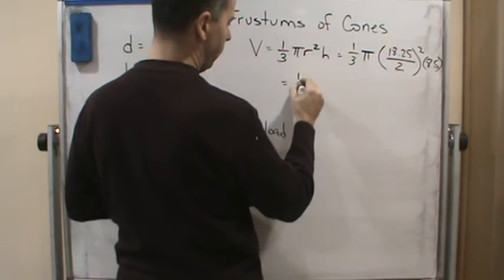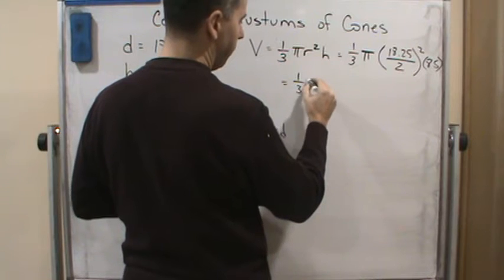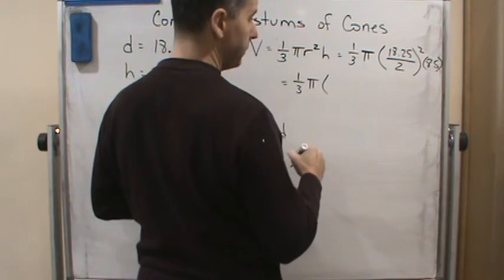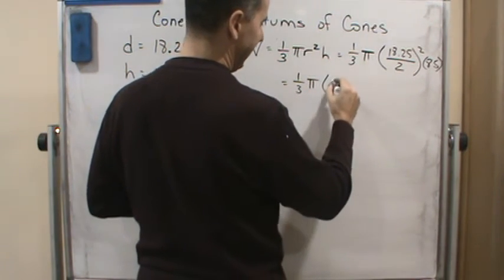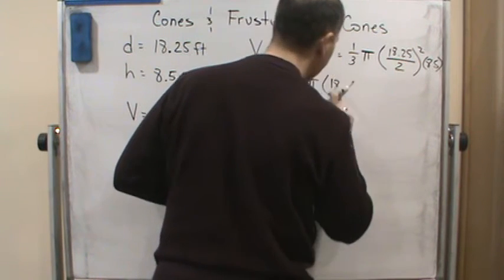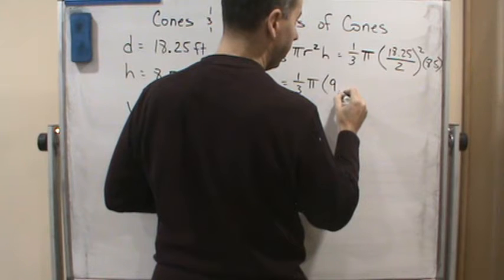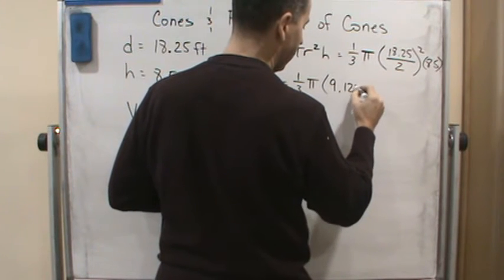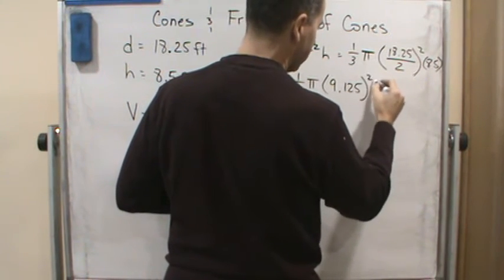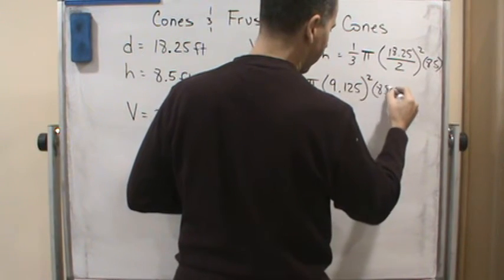So this is going to equal 1/3 pi times 9.125 squared times 8.5.